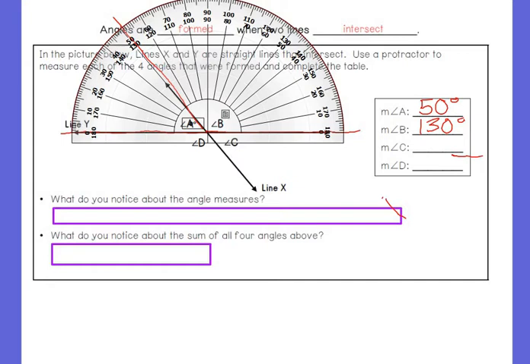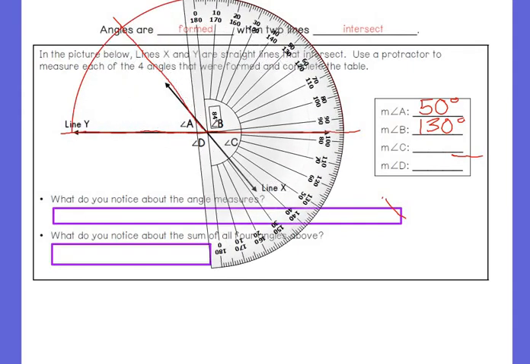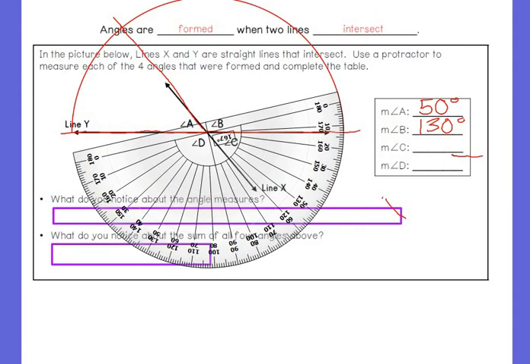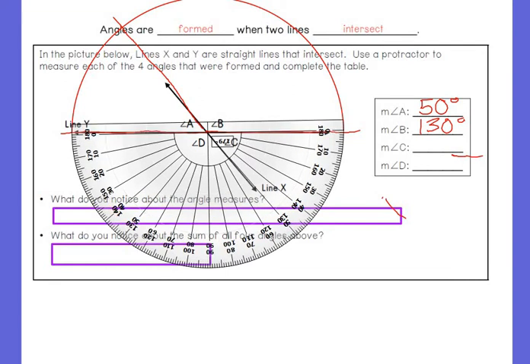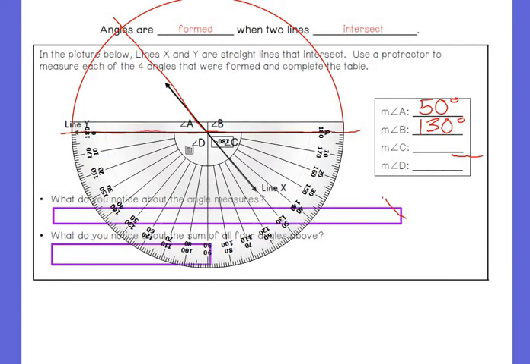Then for the bottom set, you have to rotate your protractor. So I'm going to rotate my protractor. Look how straight they allowed my lines to be. Okay, now I'm lined up for the bottom half.